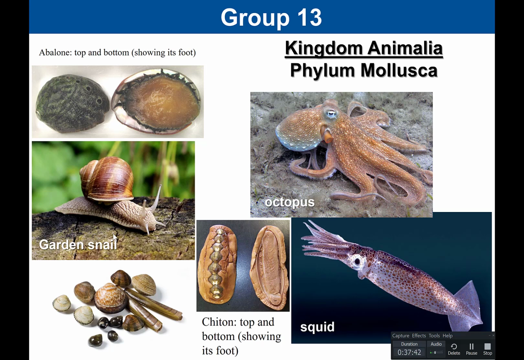What these have in common is that they have one muscular foot for movement. In the squid, for example, it's not necessarily a foot, but actually in the head. But if you look at the garden snail, this is the muscular foot for movement. Or in the clams, etc. So what the mollusks have in common is that they have one muscular foot for movement.